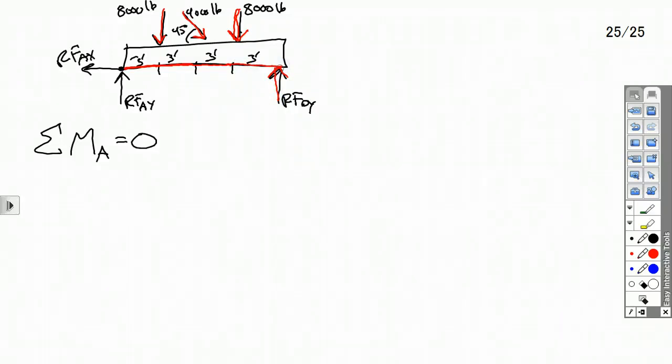So I need to look at those forces and those distances. Now one thing that we didn't look at, this beam does not have a thickness. And in this problem we're not going to deal with the thickness of the beam. So really, the x component of the 4,000 pound force is not going to have a moment, because it would be pulling sideways, and if we're not going to deal with any thickness, we don't have to worry about that.